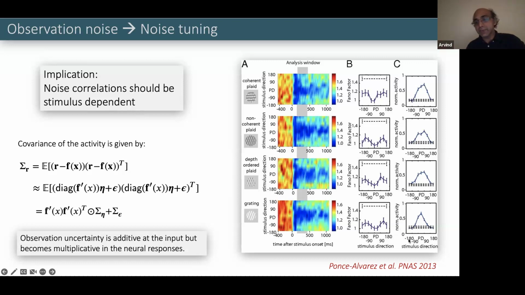So therefore we can look at stimulus direction. What was interesting in this data was that there is a tuning in terms of trial by trial variability, so basically the noise correlations that we were looking at. So in some sense, one could argue that one source of tuning of the trial by trial variability could actually be the sensor noise.